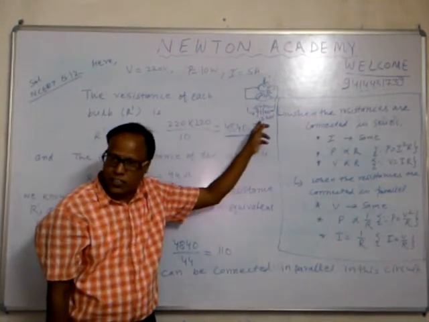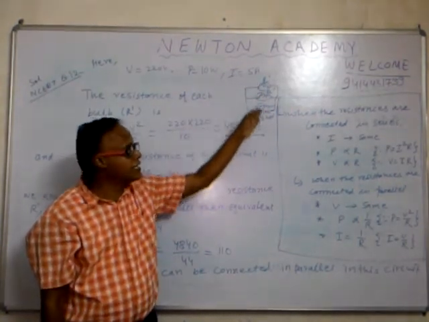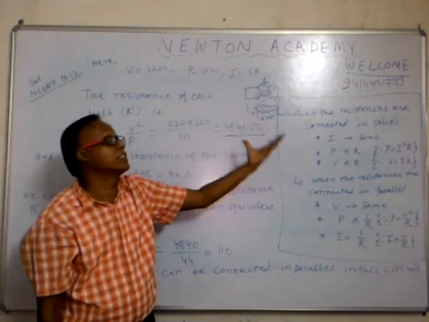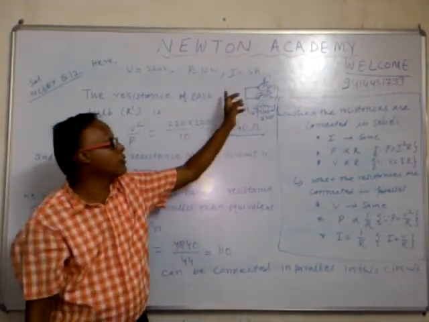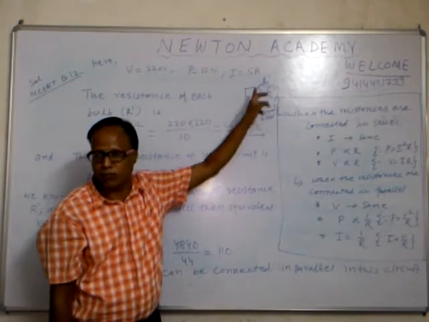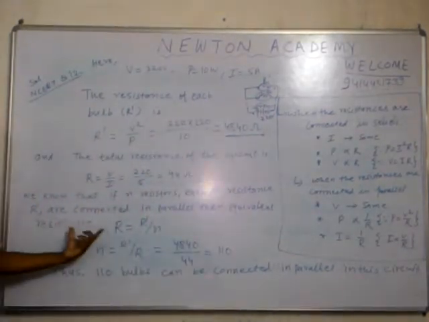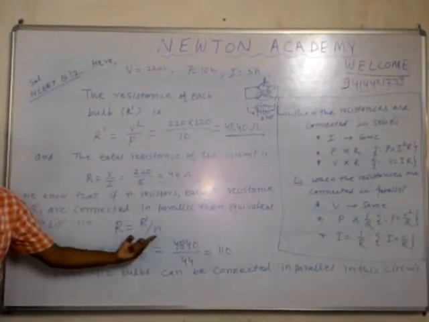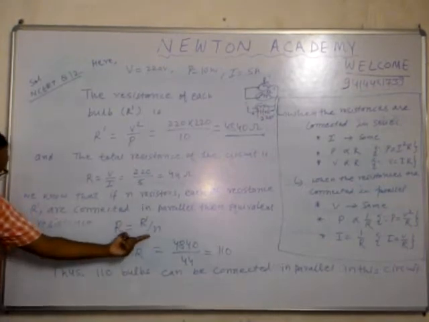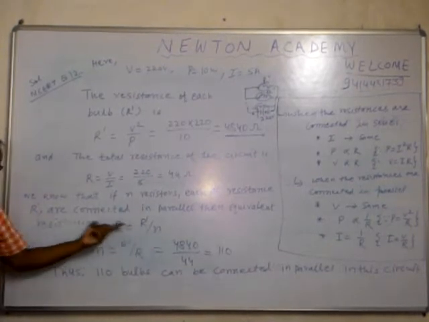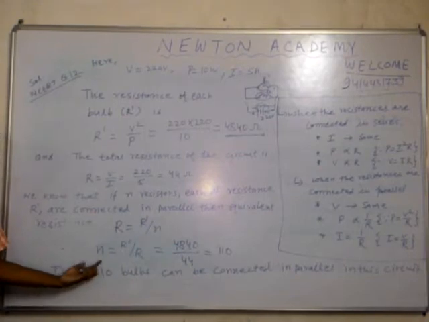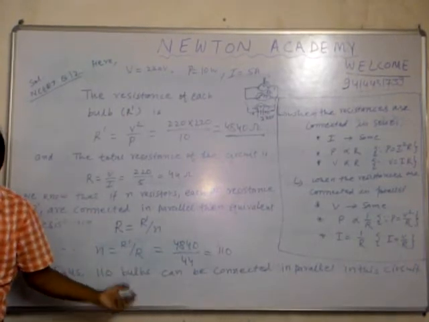N resistors are connected in parallel, so the effective resistance of this combination we assume capital R. So capital R is equal to R dash upon N. Our aim is to calculate N. So rearranging, N is equal to R dash upon R.